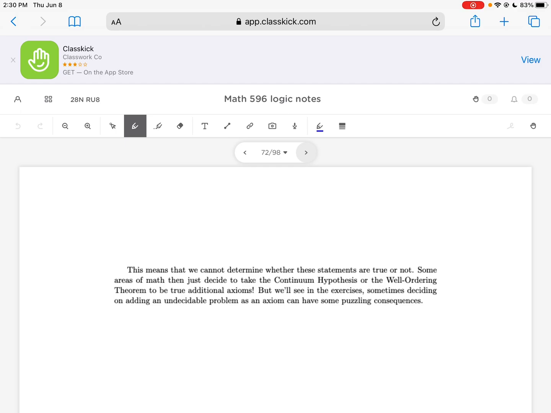They'll say, we're going to assume this is true, and we're going to be able to use the continuum hypothesis to prove other things as though it's true. Or more frequently, they'll use the well ordering theorem, and they'll assume that it's true as an axiom. But as we'll see when we start working through the exercises, sometimes if we decide to add an undecidable problem and just take it as an axiom, it can have some consequences that are really surprising and confusing, as we'll see.